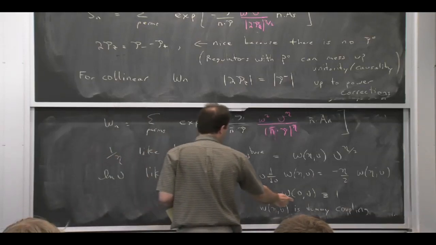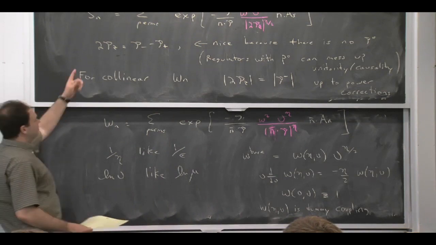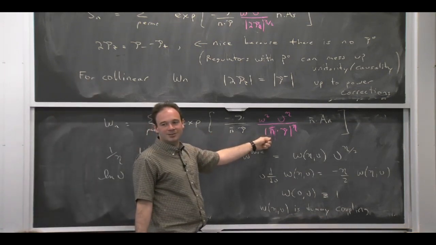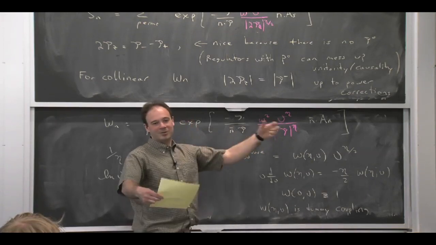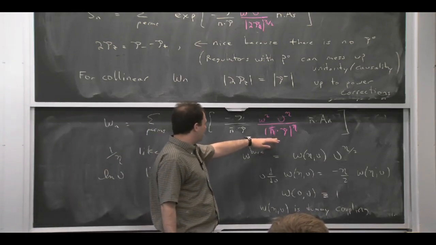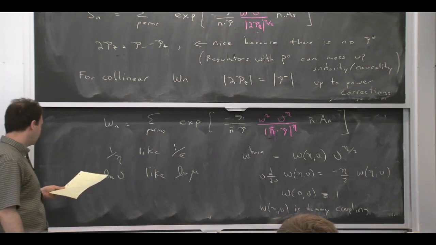And identically setting it to 1 is what you need to keep gauge invariance in these Wilson lines. It turns out that this regulator is gauge invariant, though it doesn't look like it, right? We've modified the structure of the Wilson line in a way that looks like it might be drastic, but these factors still leave a gauge invariant object.